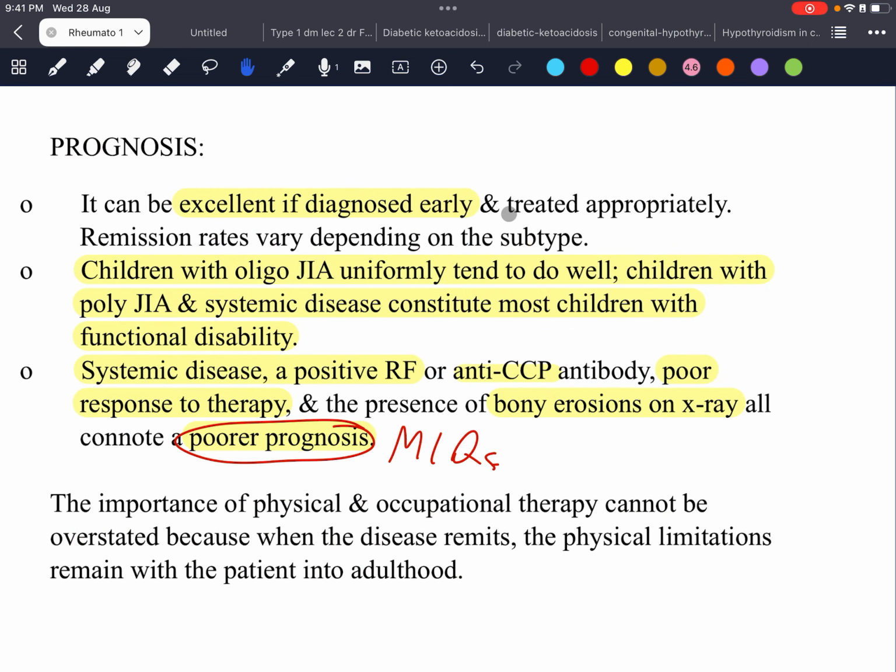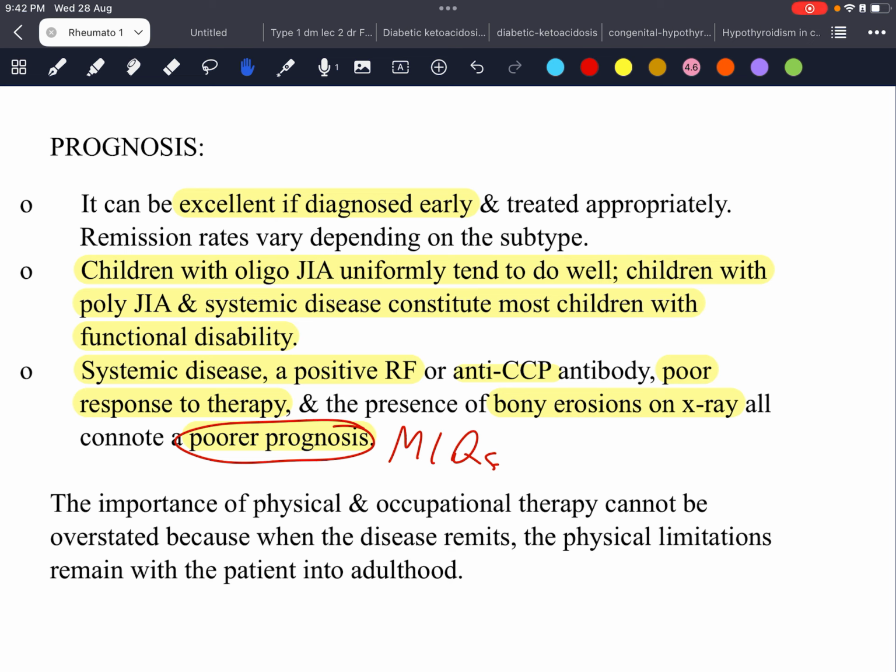The prognosis is really excellent in the oligoarthritis form, which has no systemic manifestation. The child does well. The polyarticular form has systemic manifestation, so there may even be functional disability. And we say that we use steroid in these conditions until the effects of other drugs occur.